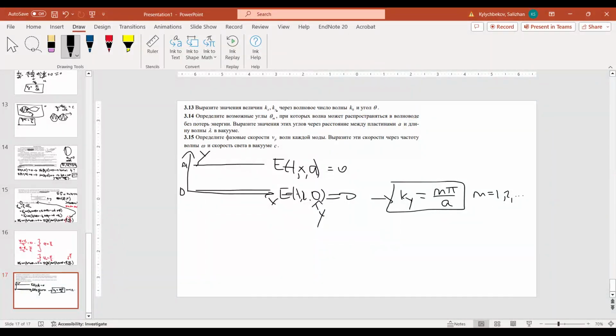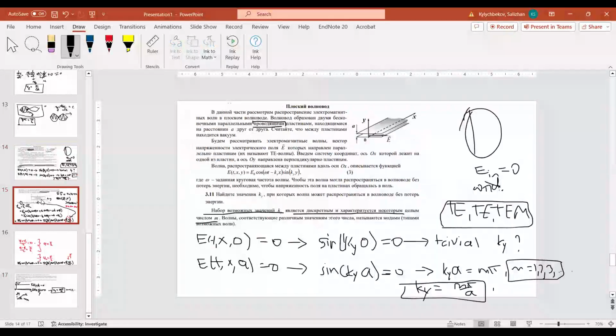Now it's asking to express the values kx, ky through the wave number k0. It's very simple actually. We have k0, yes? This is ky. This is kx. The angle between them is theta.